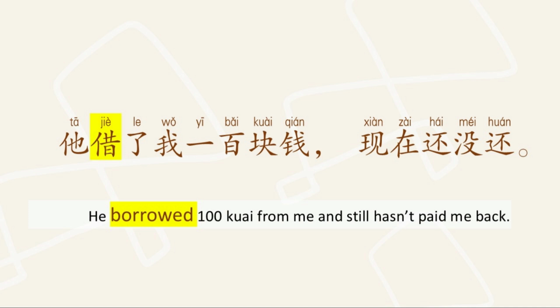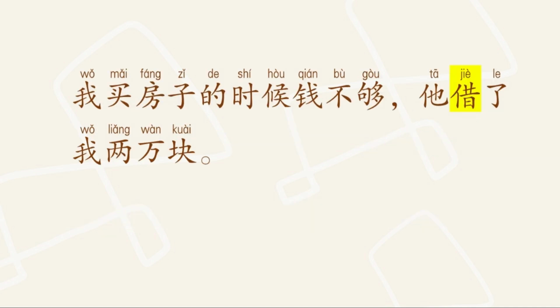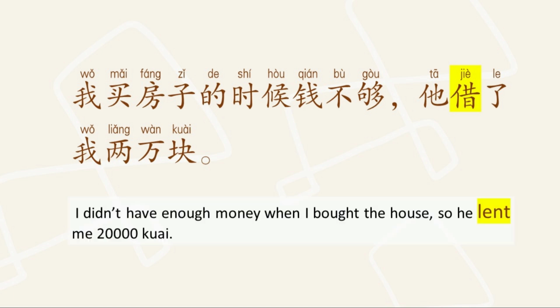Another example, 我买房子的时候钱不够，他借了我2万块。So listening to the first part of the sentence, you know that here 借 means to lend.